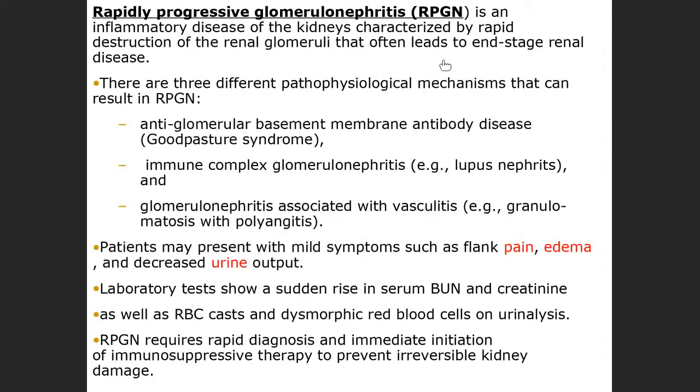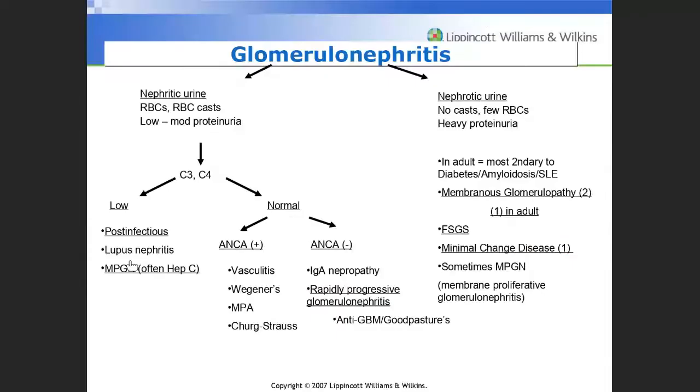And there are three different pathophysiology mechanisms of these. Either immune complex glomerulonephritis, so you can see over here glomerulonephritis that is associated with lupus. In lupus, you essentially have low C3 or C4.